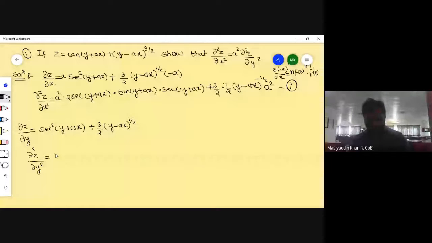So 2 into sec of y plus ax, इसको चाहिए तो मल्टी sec square, नहीं तो kept as it is, क्योंकि cancellation नहीं होने वाला है कोई भी part, so you can keep it as it is, and again we have to take the derivative of sec. पहला n आगे आ गया, sec y plus ax हो गया, अब sec का डेरिवेटिव लोगे तो sec x into tan x होता है, so tan of y plus ax into sec of y plus ax, and the derivative of this part with respect to y, you will get 1, so kept as it is, plus 3 by 2 into 1 by 2, y minus ax raised to power minus half.